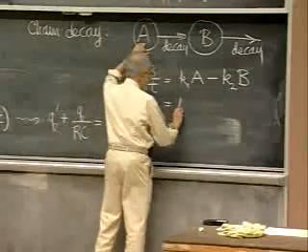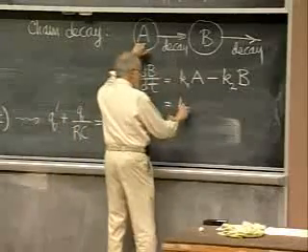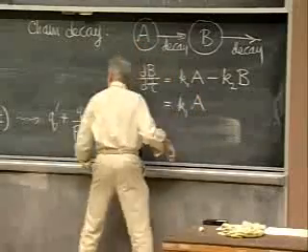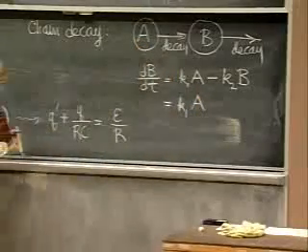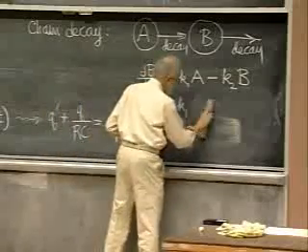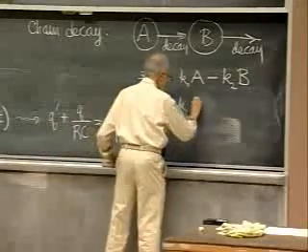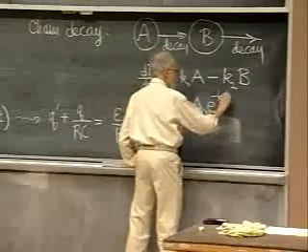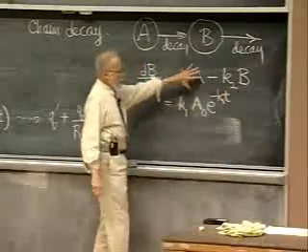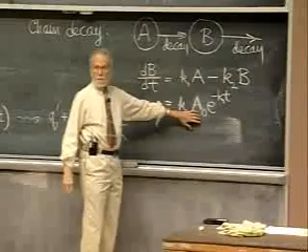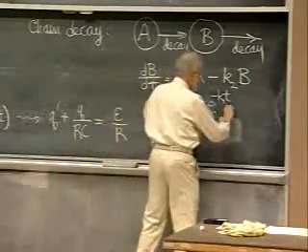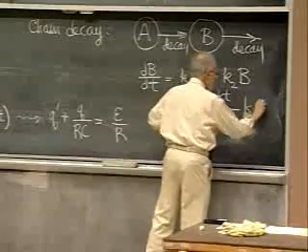K1 times A will be, by the decay law, K1 times the initial amount that was there, times e to the negative K1t. That's how much A there is at any given time, decaying by the radioactive decay law, minus K2b.